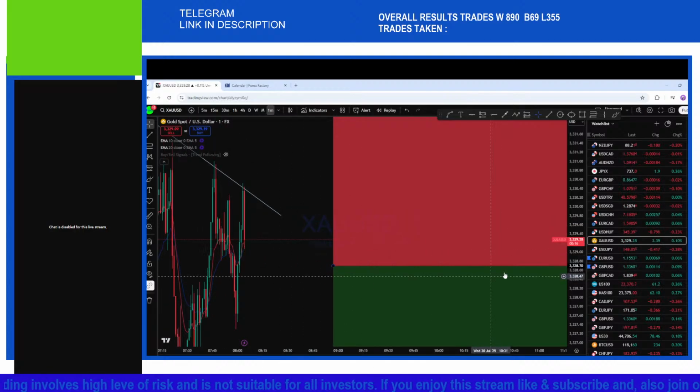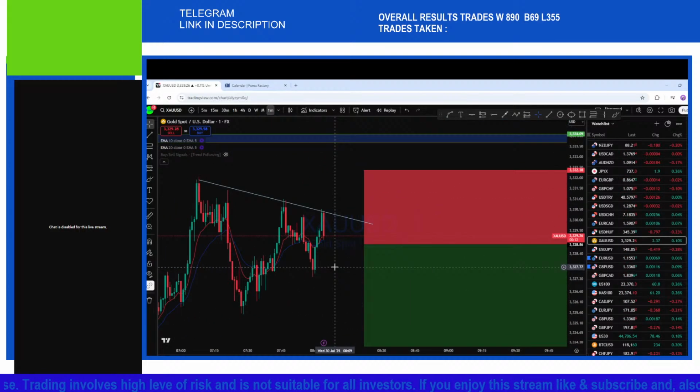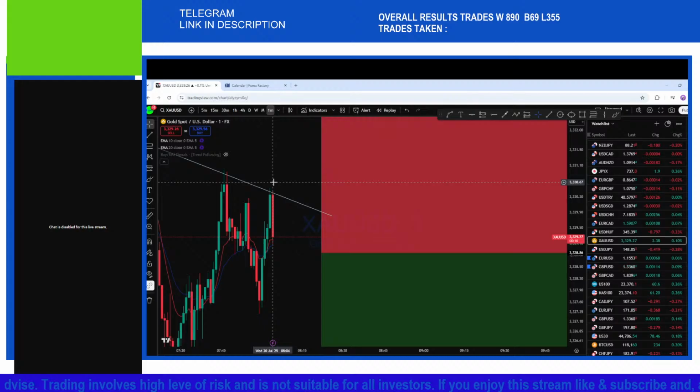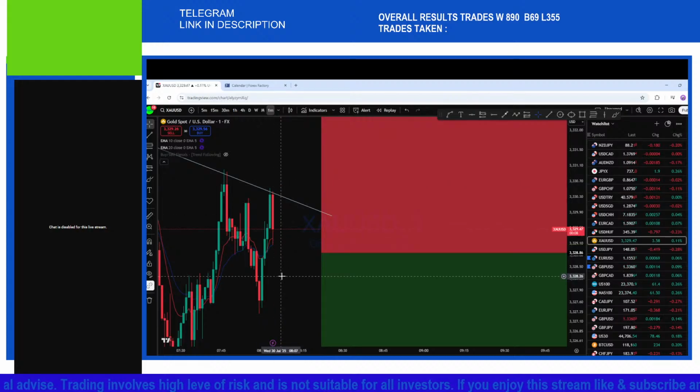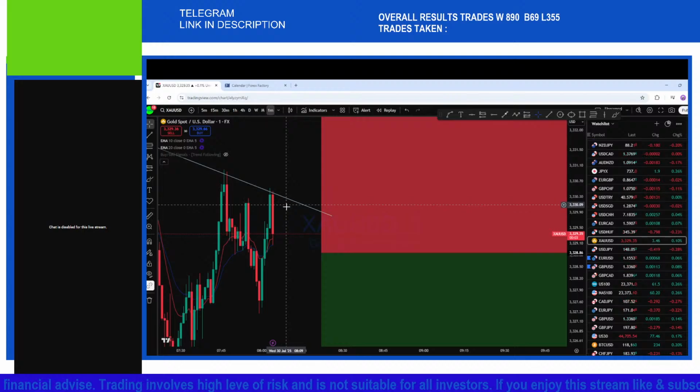Waiting for the market to reject back below. Here is the 1 minute bearish engulfer that you can see the market is again trying to reject from that high. So this is the resistance.